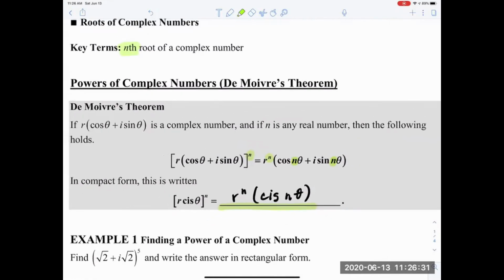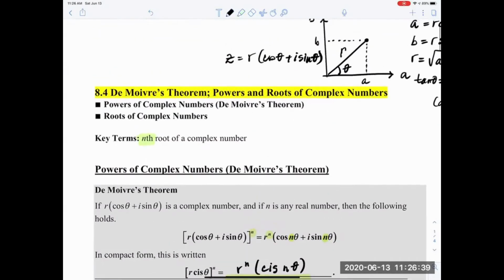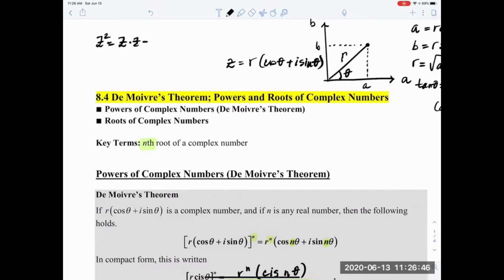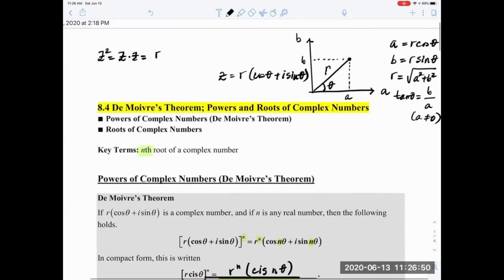It's a very simple theorem, and I think it's easy to connect to it if you just raise a number to the second power. So if you take Z and multiply it with itself, with our Z being the same as above, Z squared will be Z times Z. So it will be R parentheses cosine of theta plus I sine of theta, multiplied with, again, R cosine of theta plus I sine of theta.